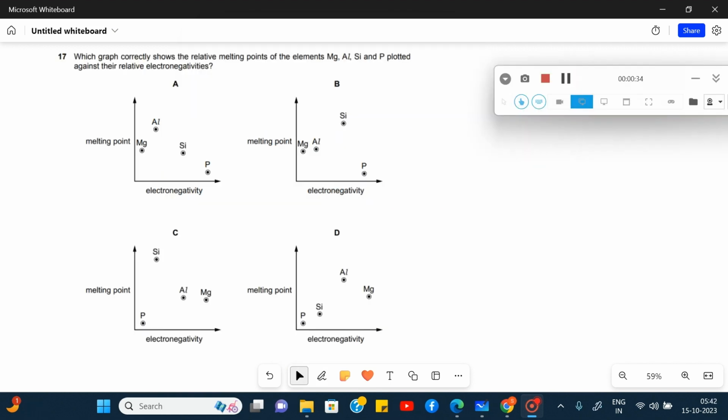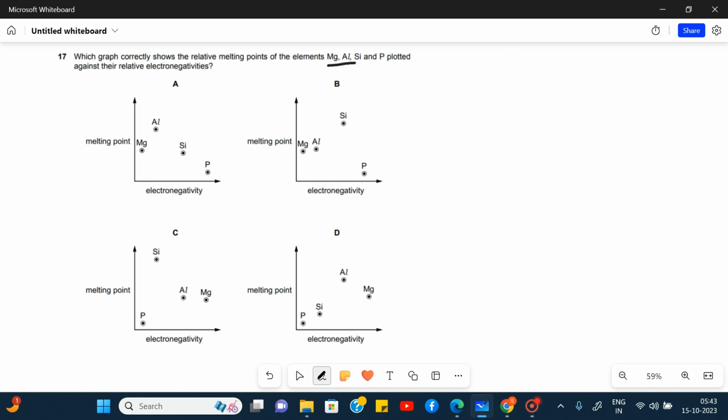Okay, let's look at question number 17, which says which graph correctly shows the relative melting points of the elements magnesium, aluminium, silicon, and phosphorus plotted against their relative electronegativities. The first two elements, magnesium and aluminium, are metals, so they'll have giant metallic structure, whereas silicon has giant covalent.